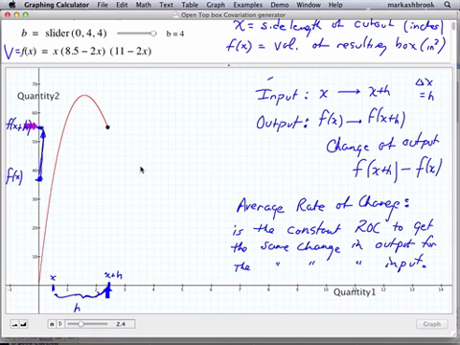So we started here, and we're finishing up here. What would the constant rate look like to get the same change in output for the same change in input? It's a line between the two. Yeah, so the constant rate of change would be linear.